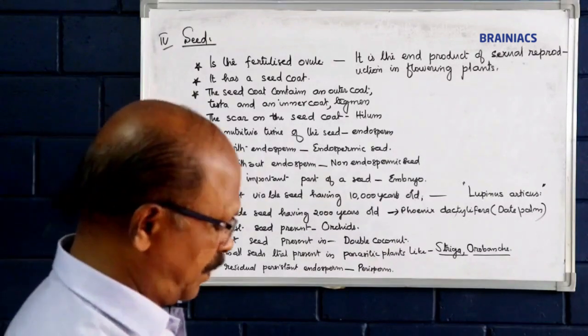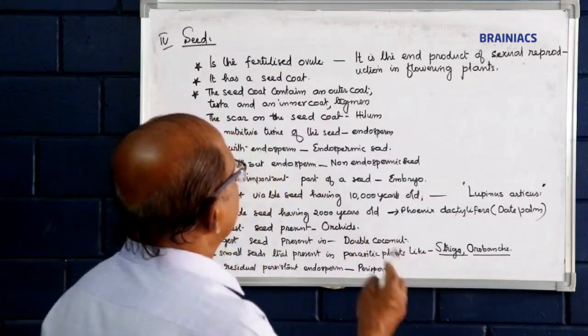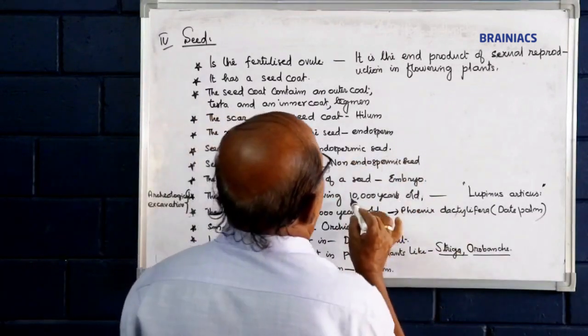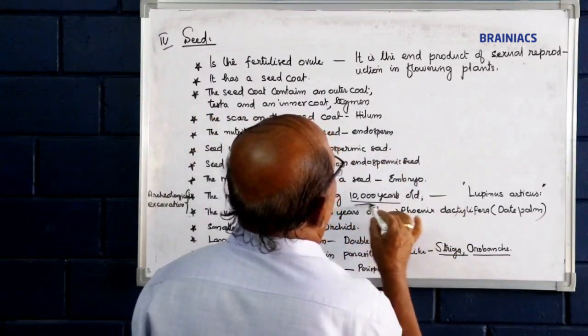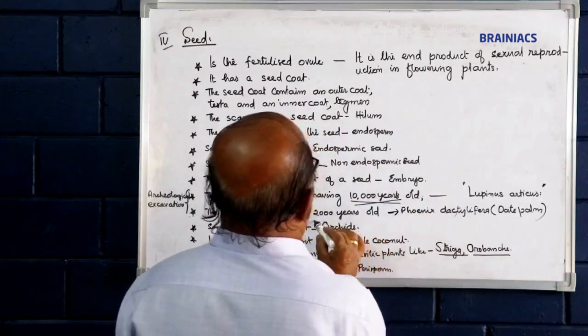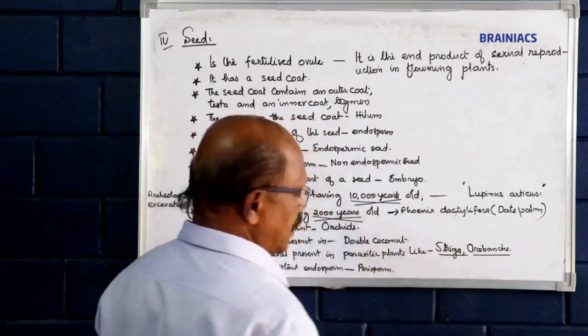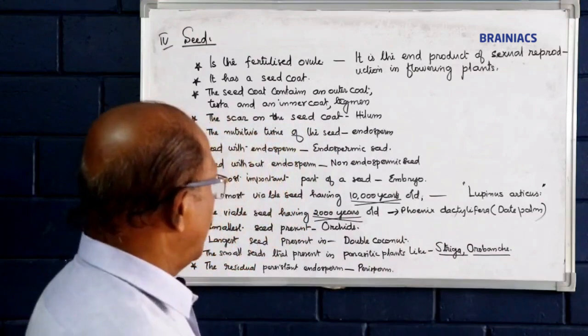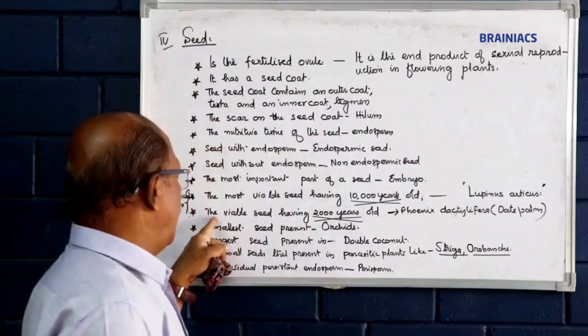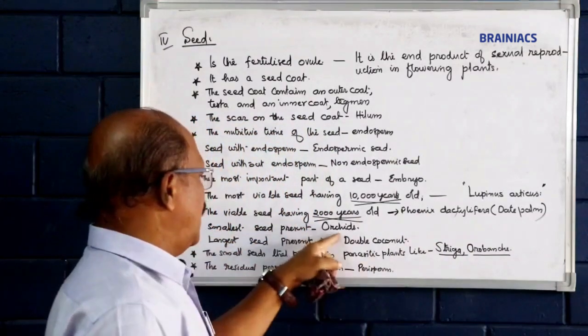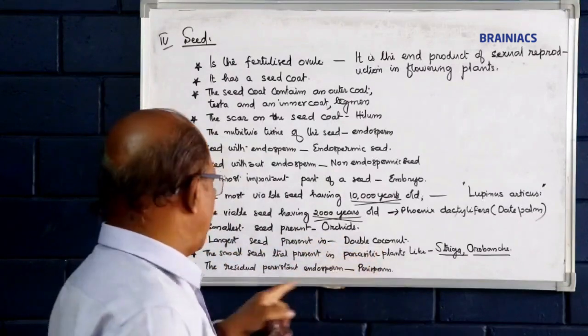Yes, 10,000 years old. Phoenix dactylifera. This is Lupinus arcticus. Then smallest seed orchids, largest seed double coconut.